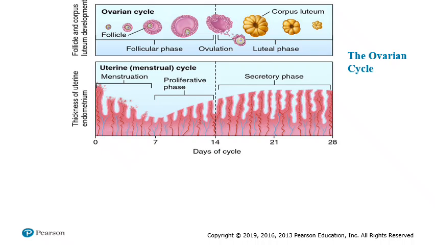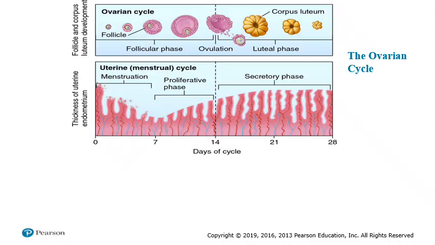So let's take a look at the ovarian cycle. The ovarian cycle is a 28-day cycle, and it's divided into two, and the midpoint is the 14th day where ovulation happens. In the first half, you have the follicular phase. This is the development of the follicles.